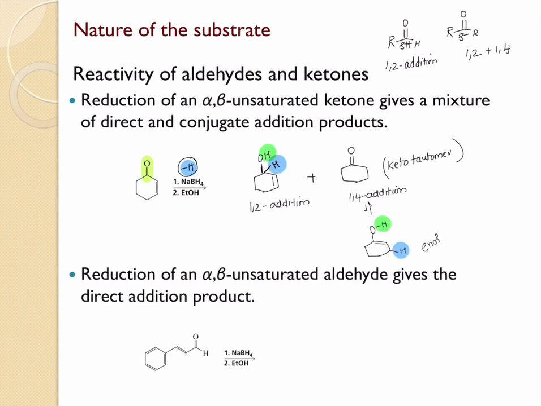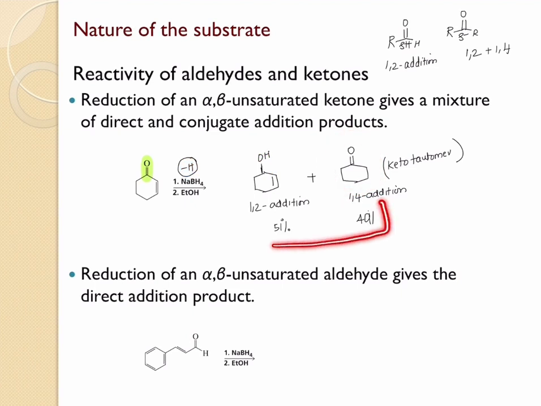Here, the hydrogens which are highlighted in blue are basically the hydride ions which are added to the carbonyl compound. So here in the 1,2 addition, the hydride ion was added here as a nucleophile, right? And that's what we see here. And in the case of 1,4 addition, the hydride ion was added to this carbon, which first forms the enol, and then the enol will undergo keto-enol tautomerization to give the keto form.